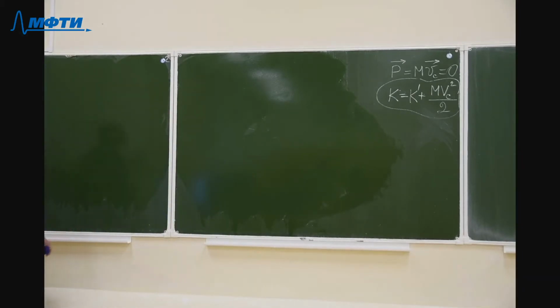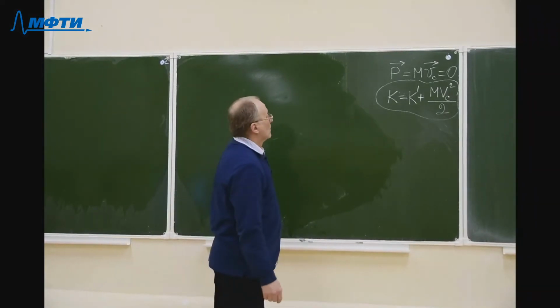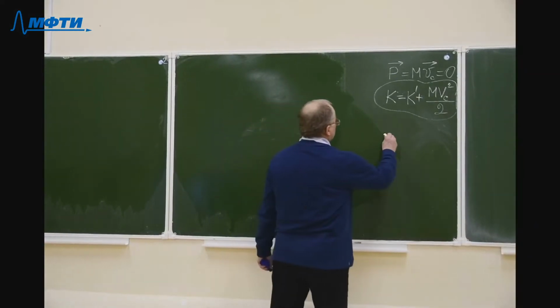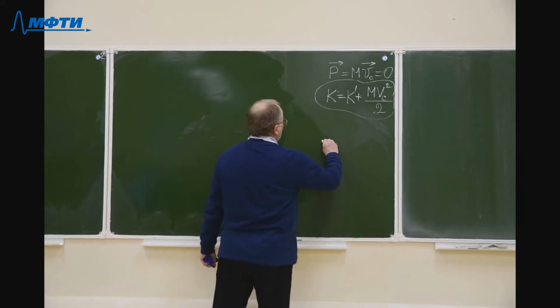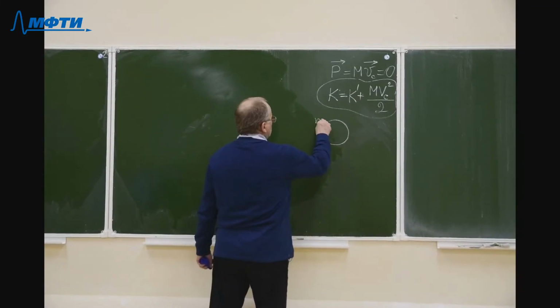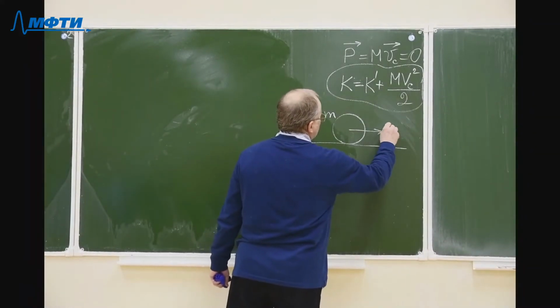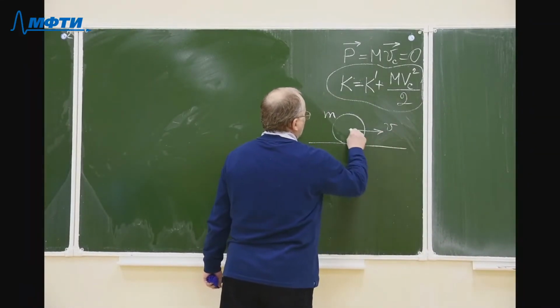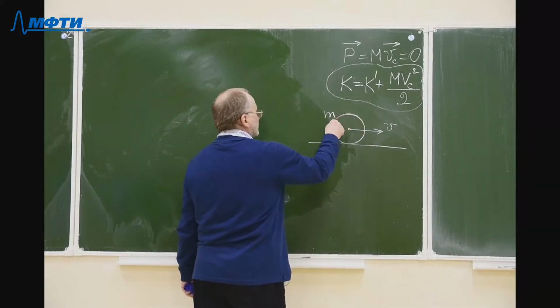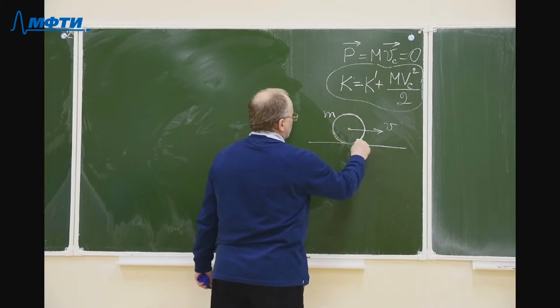Let's consider an example. Suppose we have a wheel of mass m that rolls with velocity v, and all the mass is concentrated on the circumference.